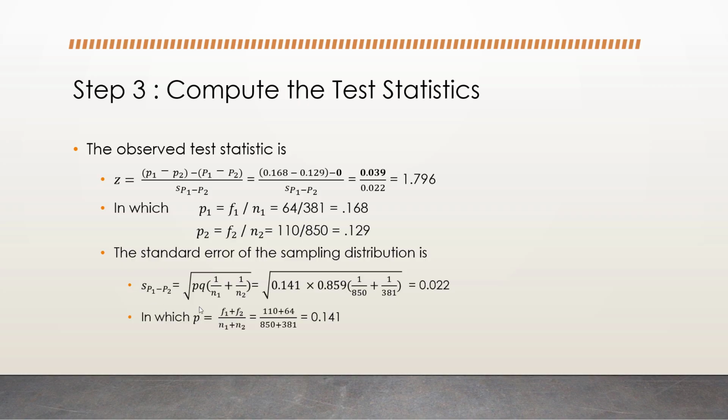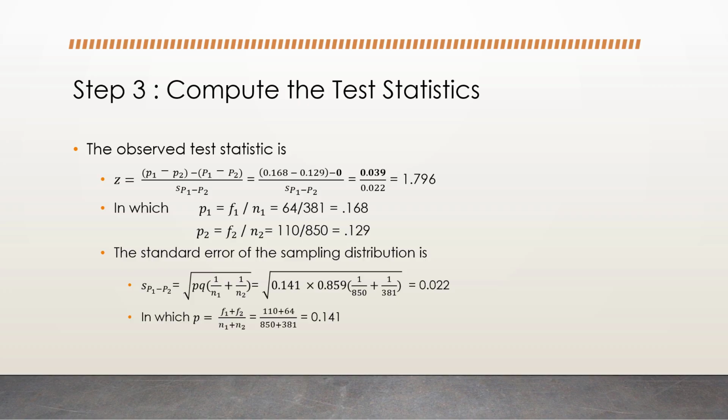Now we can calculate the standard error, which comes out to 0.022. Next, we find the sample proportions. For males, P1 equals 64 over 381 equals 0.168. For females, P2 equals 110 over 850 equals 0.129.